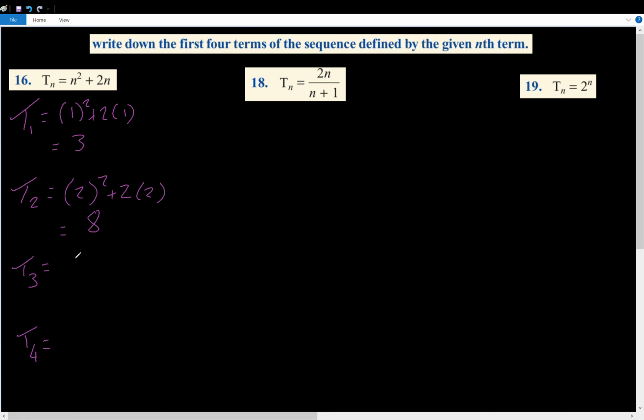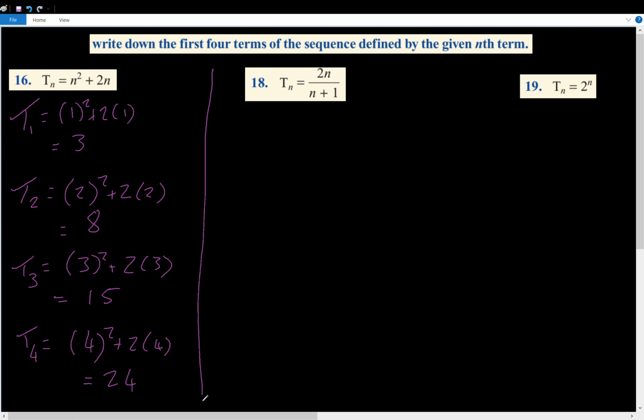For T3, it's going to go 3 squared plus 2 times 3, which is 9 plus 6, so we get 15. And for T4, it's going to be 4 squared plus 2 times 4, which is going to be 16 plus 8, and that's going to be equal to 24. So that's the first four terms for 16.